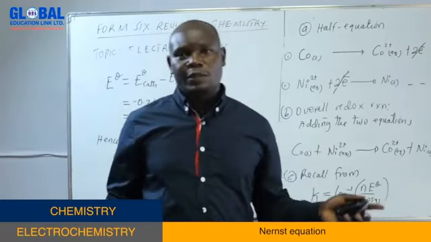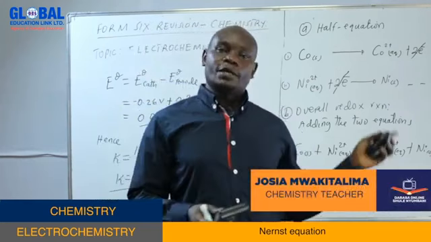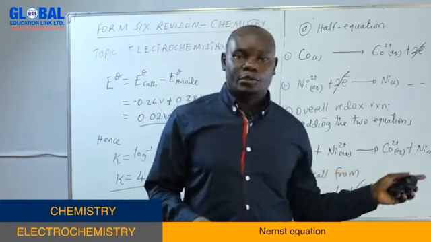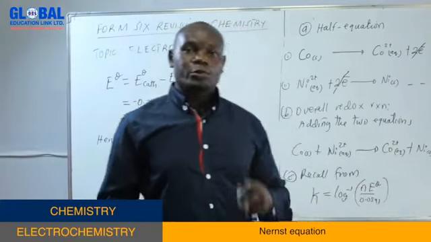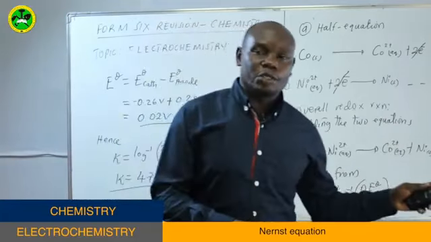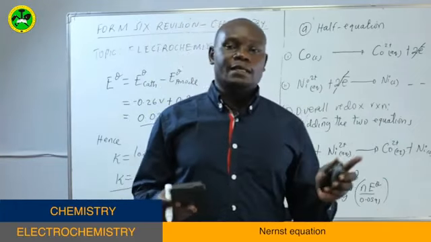So if you don't have the pH meter, how will you find it? You can also use the standard electrode potential, and you will also see how to use the standard electrode potential to predict if the given reaction will take place or will not take place.